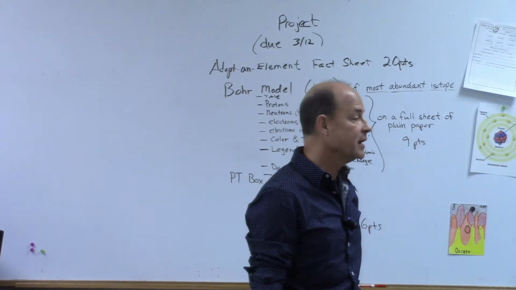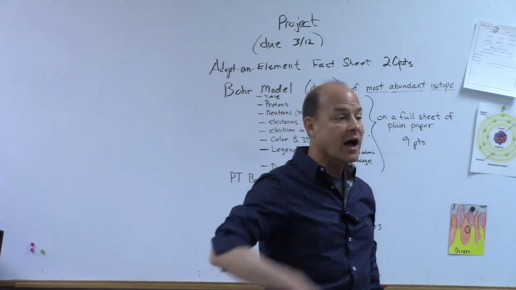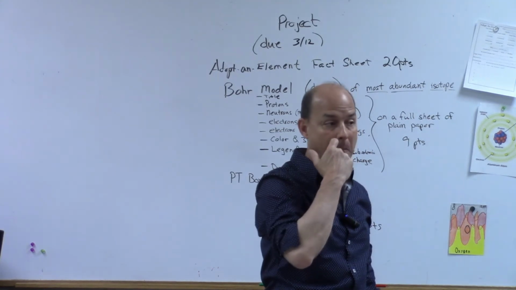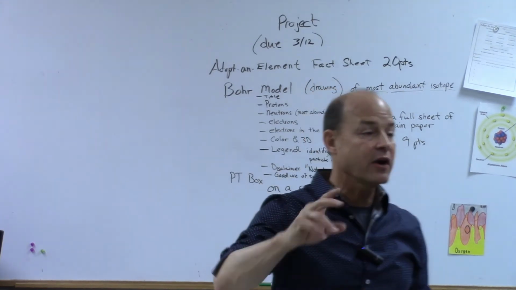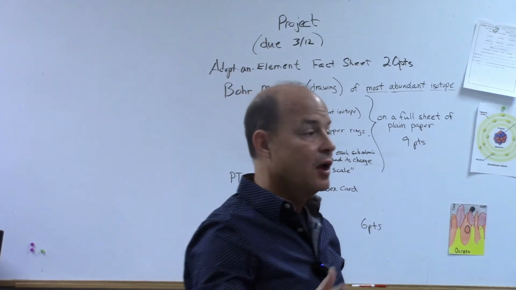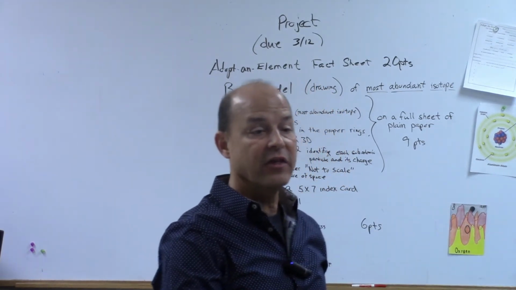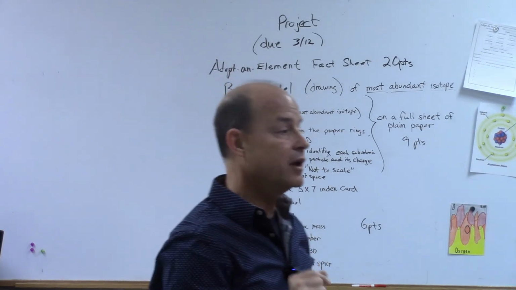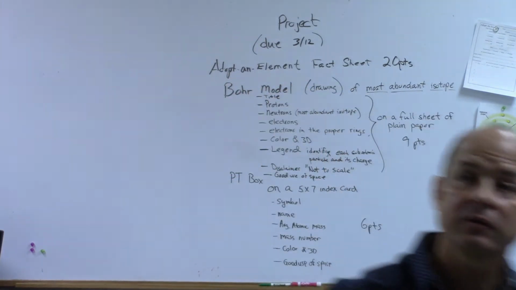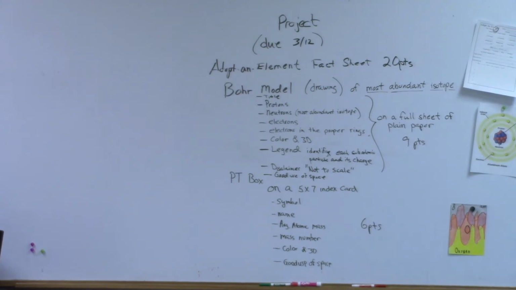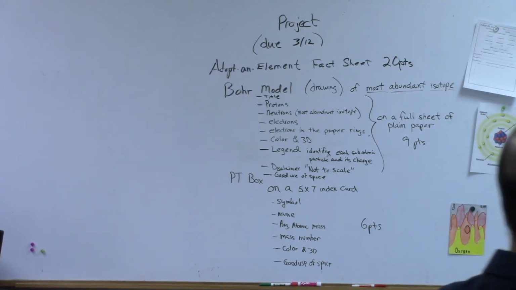The most abundant isotope. Now I have a quick way of doing it. If you look at your average atomic mass, which is a decimal number, and you round it to the nearest integer, then that's the mass number of your most abundant isotope. For example, if I look at oxygen, its average atomic mass is 15.9.